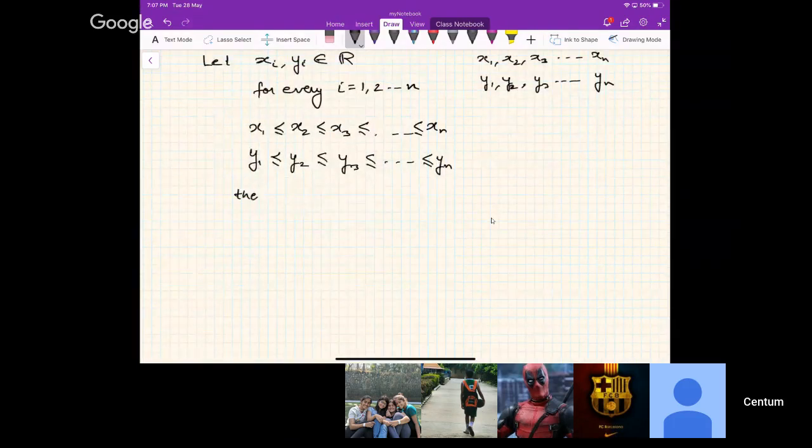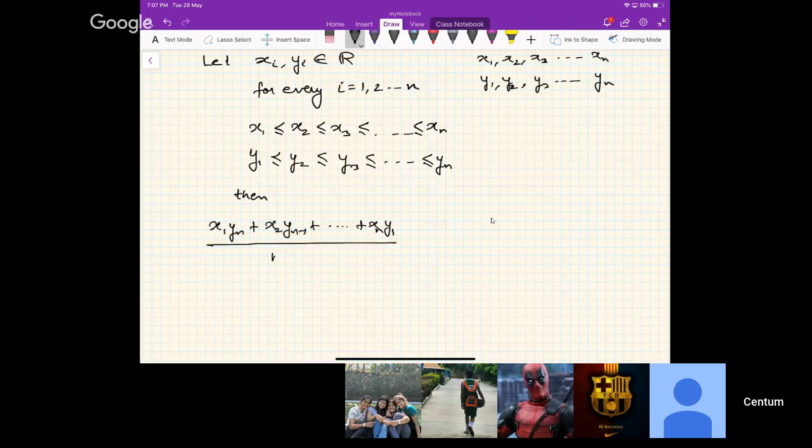Then what is this inequality? (x1 yn + x2 y(n-1) + dot dot dot + xn y1), so the last will be xn y1, right?